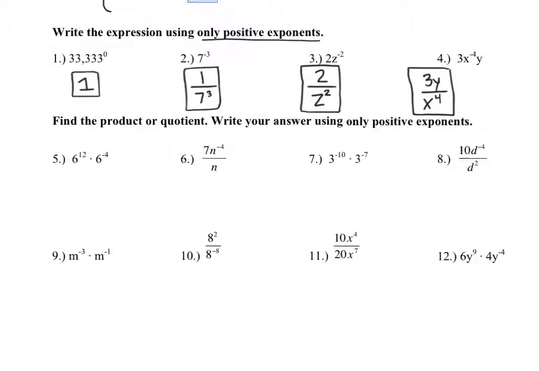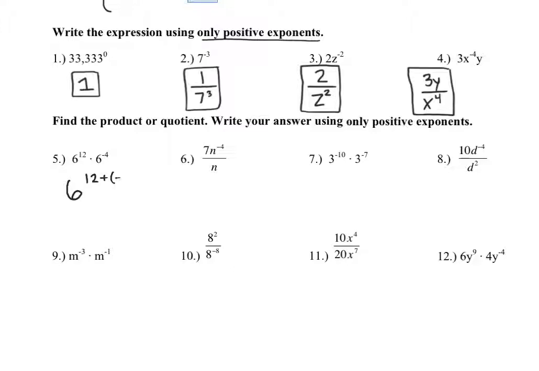All right, now what we are going to do is combine this with the rules that we learned in our last lesson. So in number 5, just like before, we want to start with the question, what is our base? So in number 5, the base is 6. Remember, the base stays the same. We're multiplying, which means we're going to add the exponents.